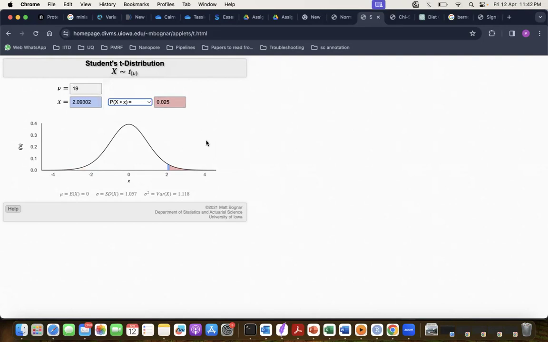So the right half, if it's 0.025 in area, then it's at 2.09. But if I'm looking at a one-sided test, then the total area has to be 0.05 just on the right side. So then that critical value starts from 1.73.